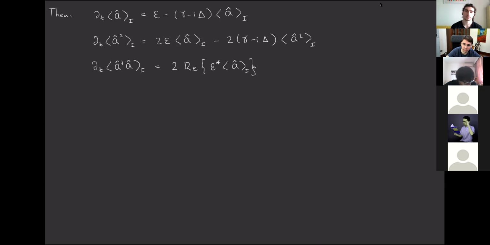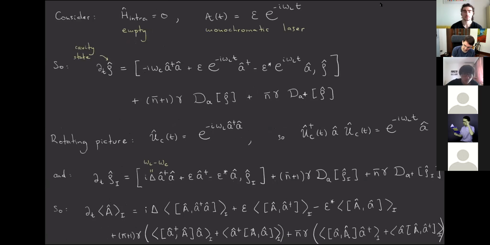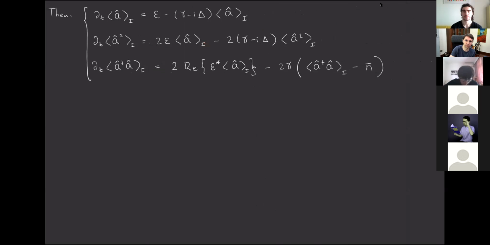And then minus 2 gamma, and in here we have A dagger A, minus gamma N. As I said, just convince yourself of this. You just need to take the operator A squared, put it in this equation and evaluate the commutators, and the same with the operator A dagger A. If you do it, you will get these 3 equations.